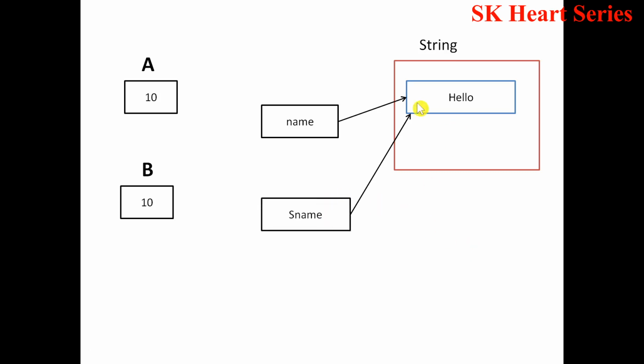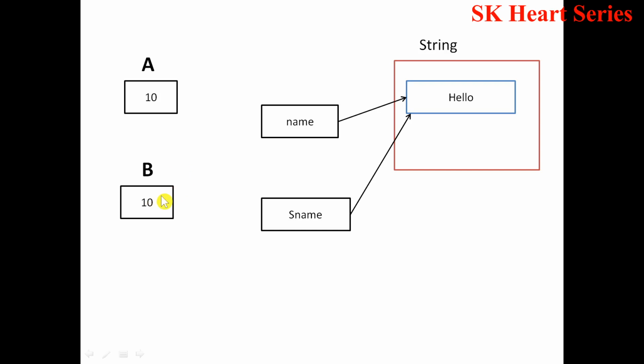It means when you create the first variable a, and after that we create name and assign the value hello to name. When you assign the value of a to b, it will create a new variable and copy the actual data of a to b.